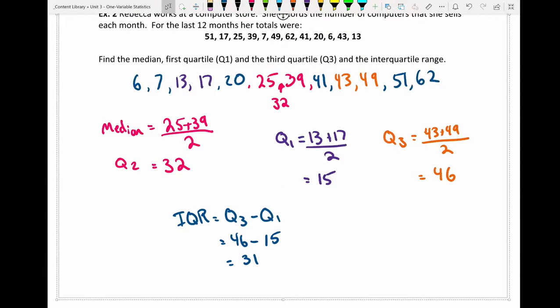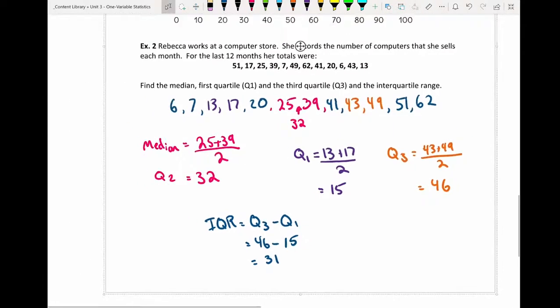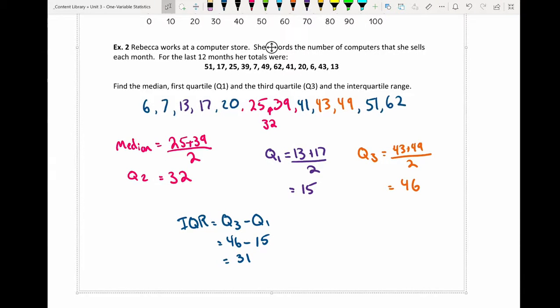And again, if you wanted to draw a box and whisker plot for that, you could as well by labeling all those points and then connecting to the highest and lowest value. But the main idea here is just to get an understanding of what a box and whisker plot is, what your quartiles are and how to find them given a set of data, and basically in general what a measure of spread is and what it represents.